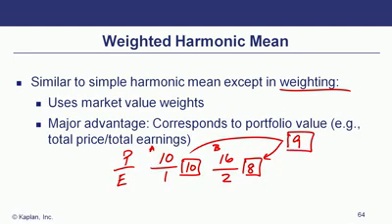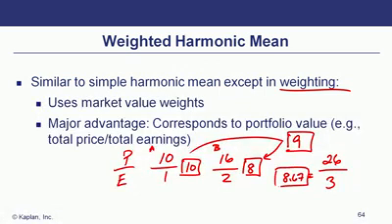However, from an actual portfolio value standpoint, if I add both stocks together, that equals 26 in actual price, creating earnings of basically 3. And if you calculate it out, this equals 8.67.